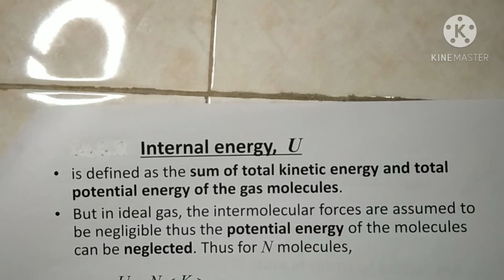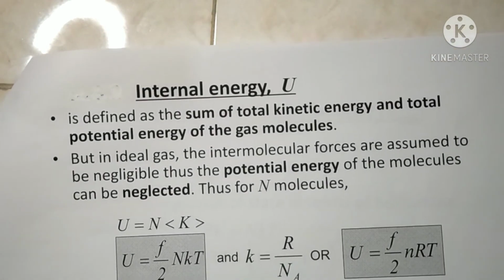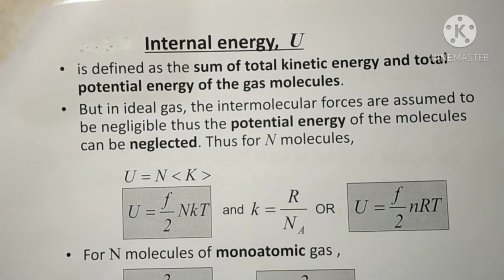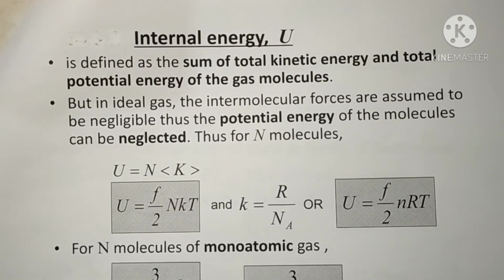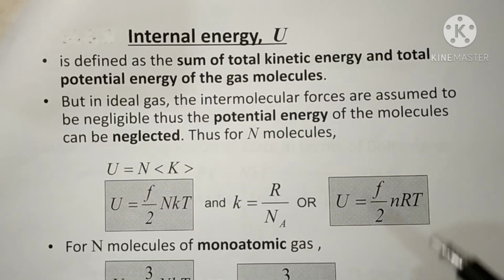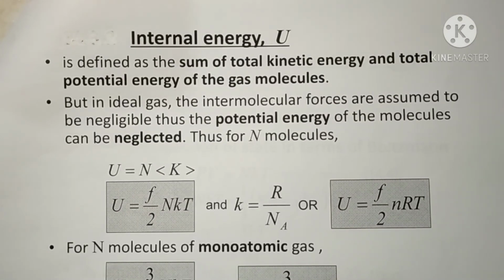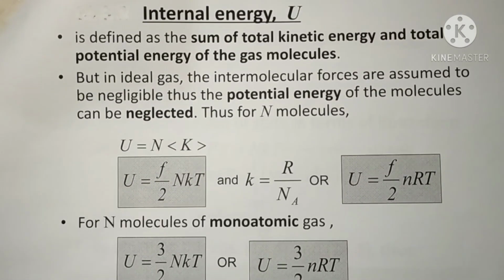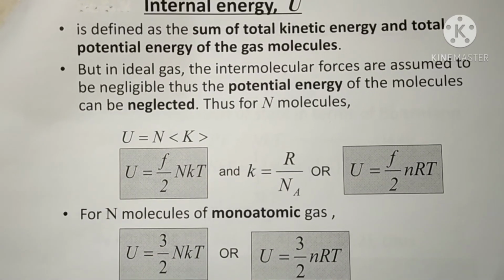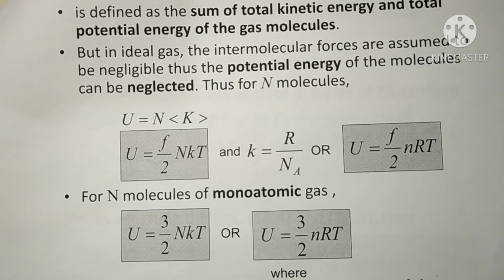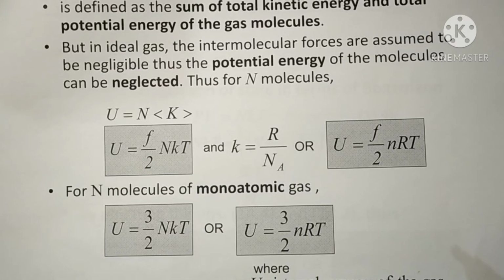Thus for n molecules, U equals n times the mean kinetic energy, where U equals f over 2 nkT or U equals f over 2 nRT. Whereas for n molecules of monoatomic gas, the number of degrees of freedom f is 3. So we get U equals 3 over 2 nkT or 3 over 2 nRT.